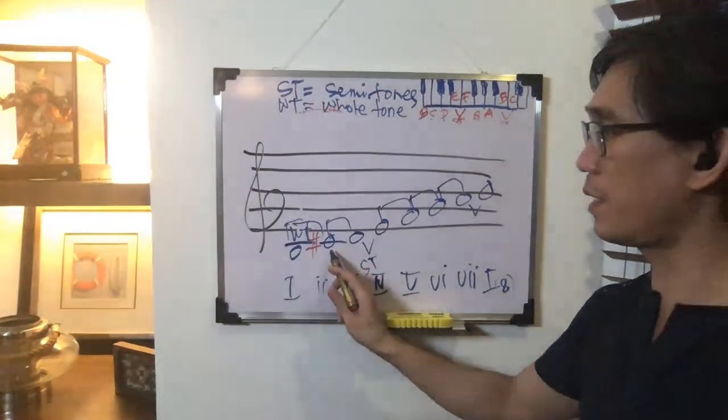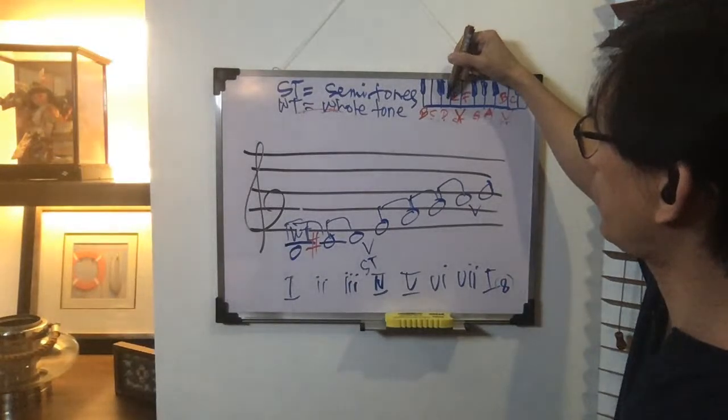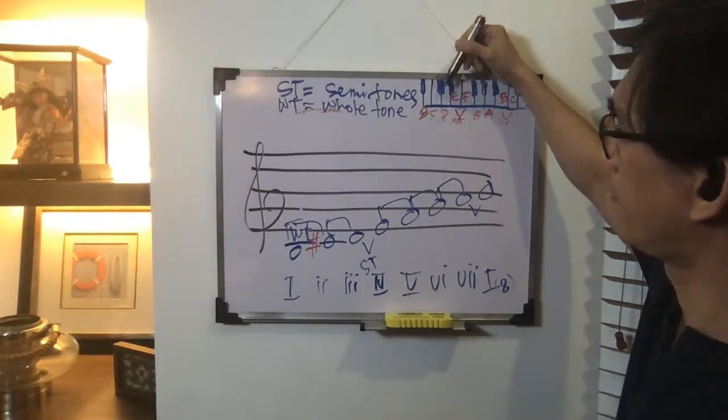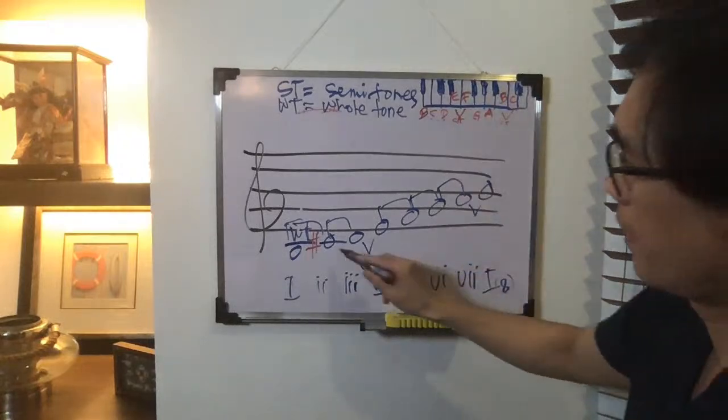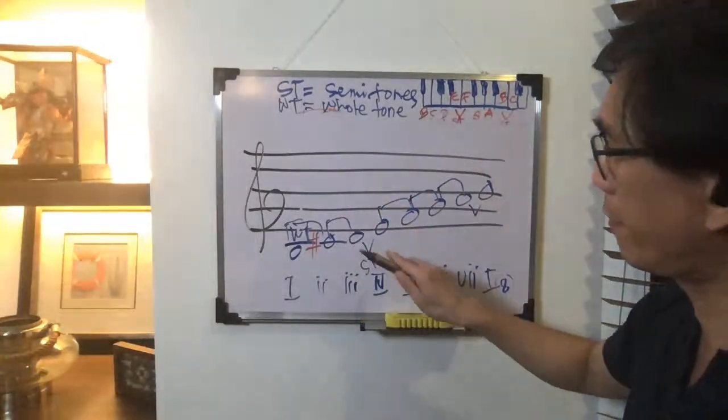So now from C sharp to D natural, only a half step. Therefore, you have to do something to the note on your right.